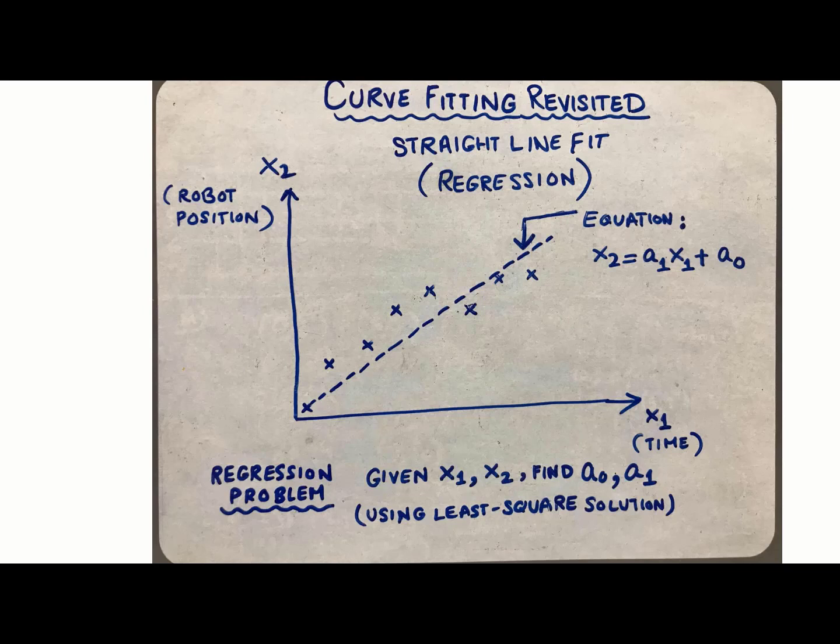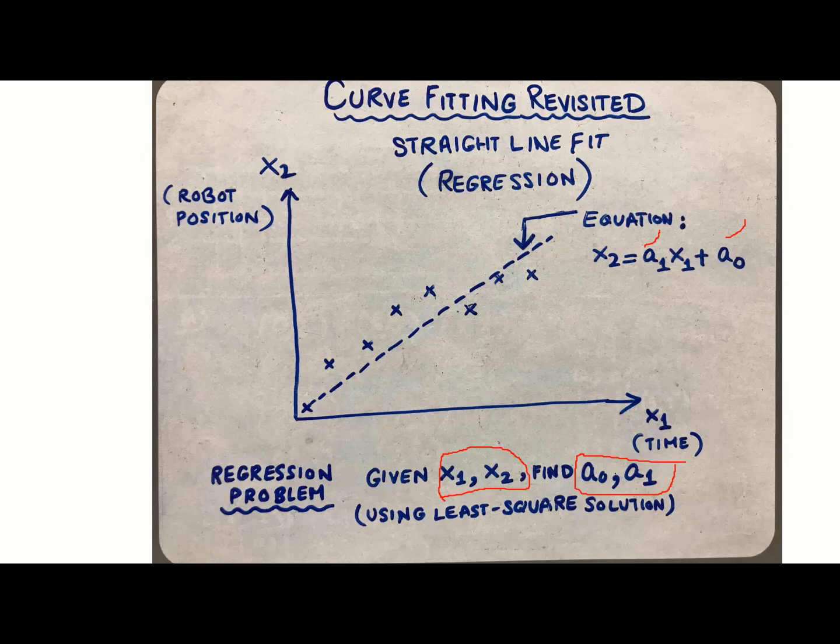In linear regression, we are given a data set, a set of data points, and each data point has two components, as in this case, x1 and x2. Our job is to calculate the coefficients of the straight line, that is a0 and a1.